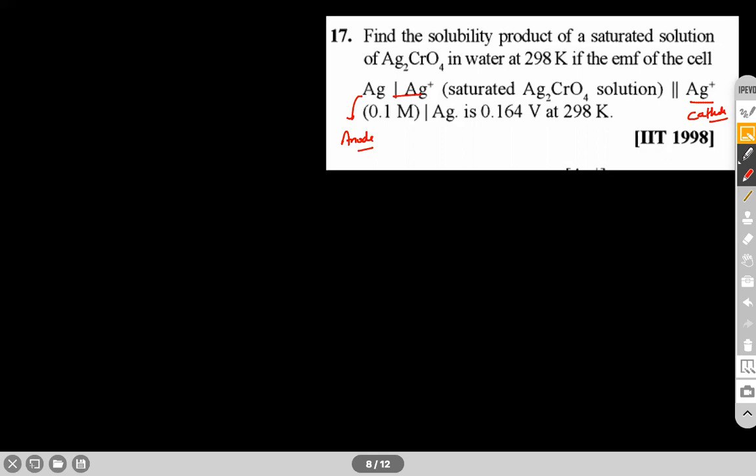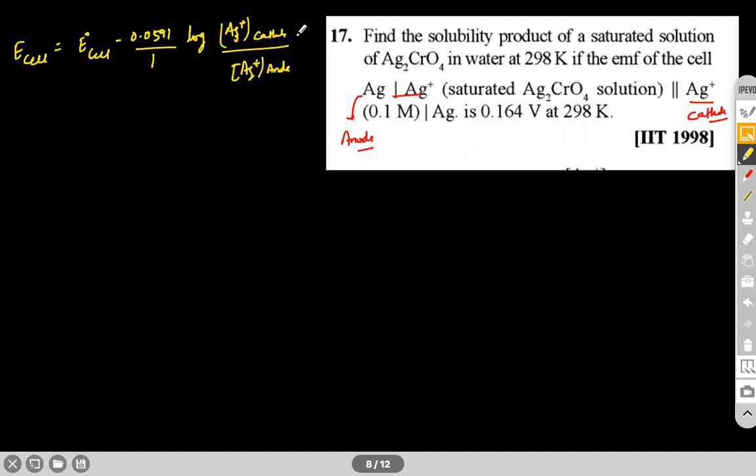Okay. So for this reaction, if I write down the E cell, it is equal to E naught cell minus 0.0591 divided by 1 log of Ag+ cathode by Ag+ anode. This is the reaction we get.